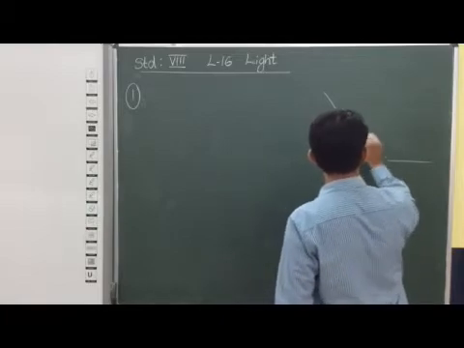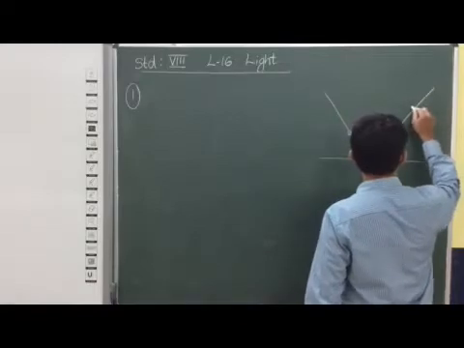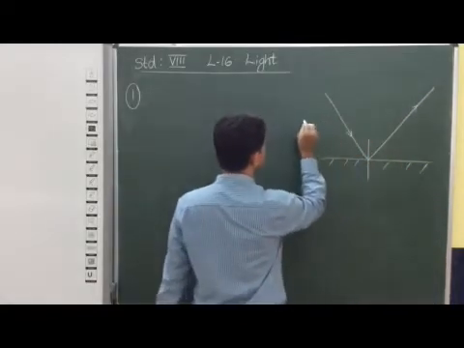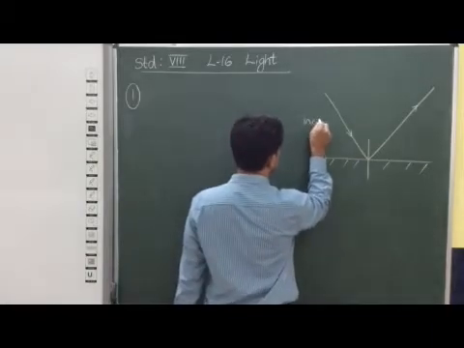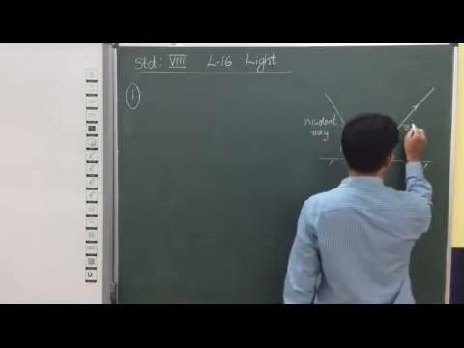So a light ray is incident on this opaque surface, and it will be reflected along this direction. This light ray is known as the incident ray, and this is known as the reflected ray.